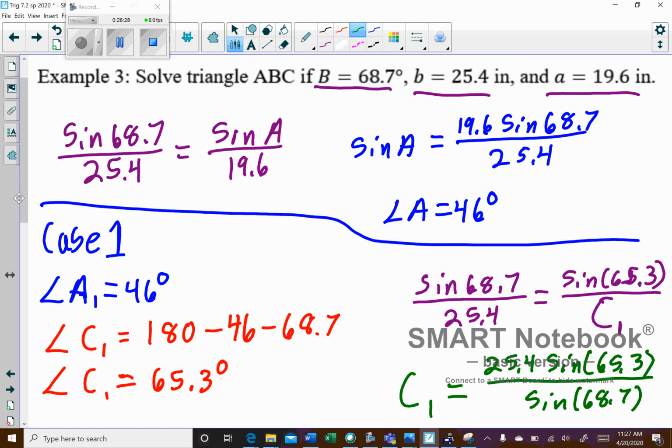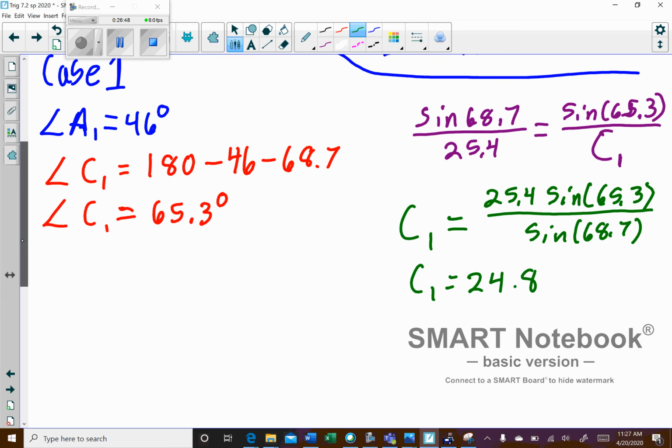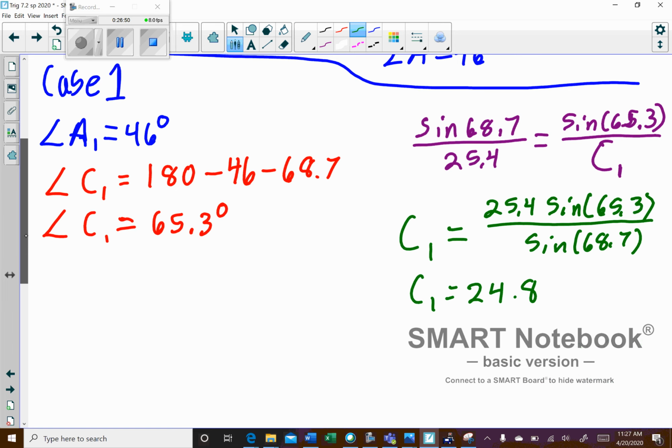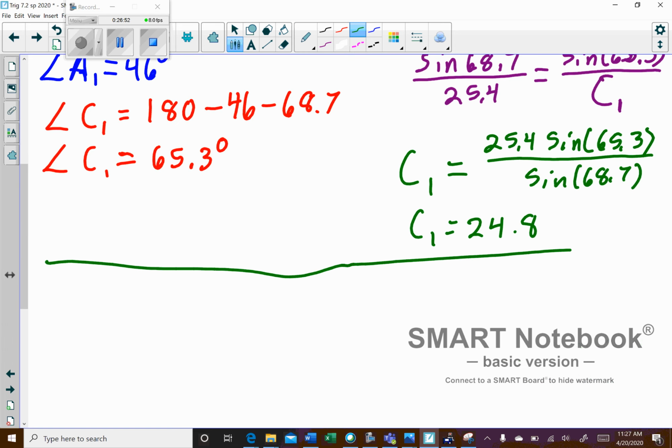Now, like I said, whenever you're doing law of sines or taking the inverse sine of anything, the angle the calculator gives you is going to be between 0 and 90. So what if it's possible that this was actually an obtuse angle? That's where we have to look at the possibility of having a second case here.